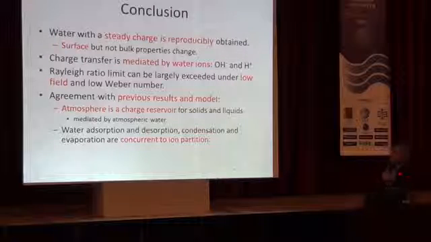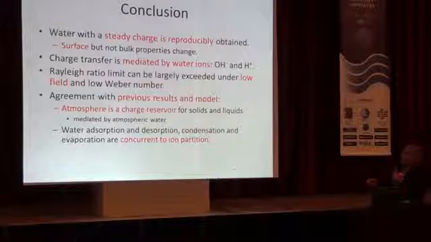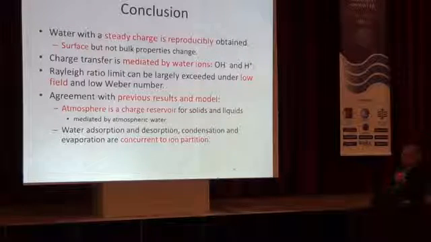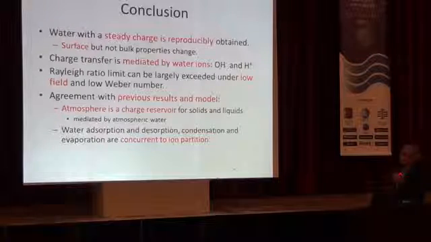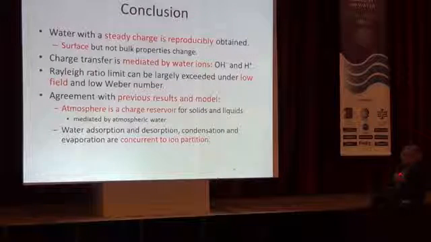So as a conclusion, water with a steady charge is reproducibly obtained. It's a surface effect, and at least in these experiments we don't have any evidence for bulk property changes. Charge transfer is mediated by water ions, H minus and H plus.